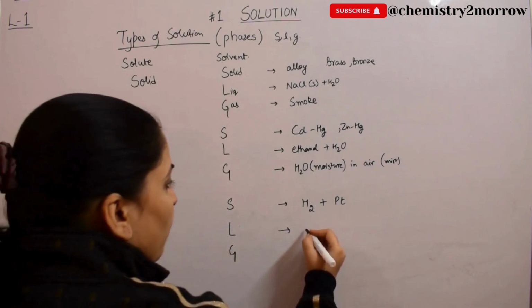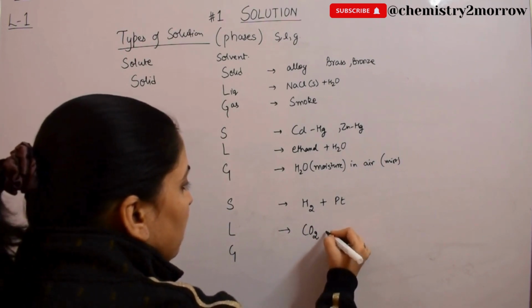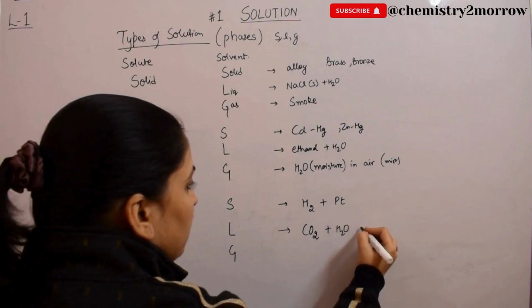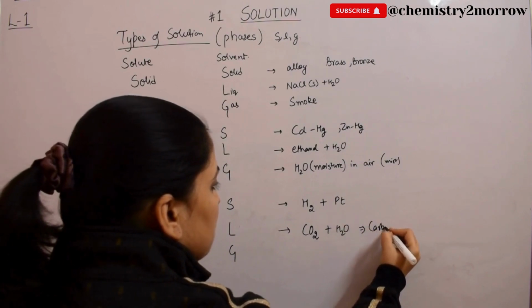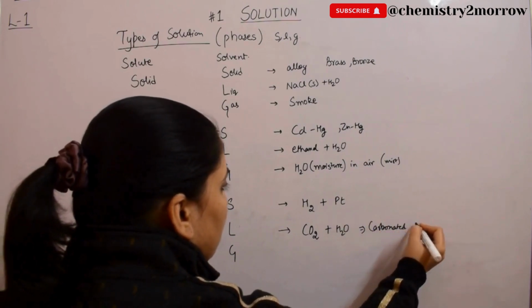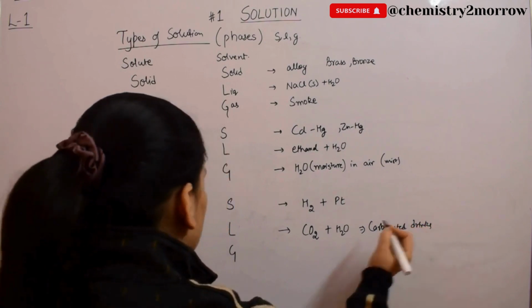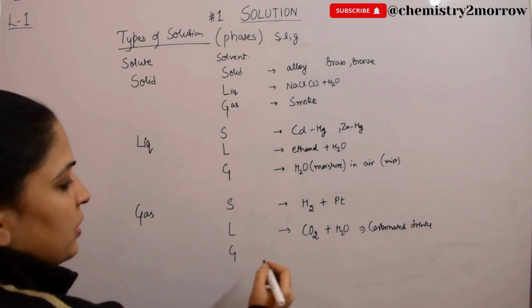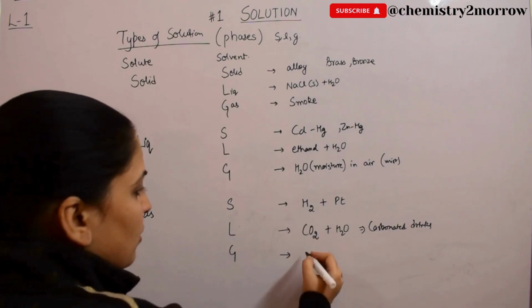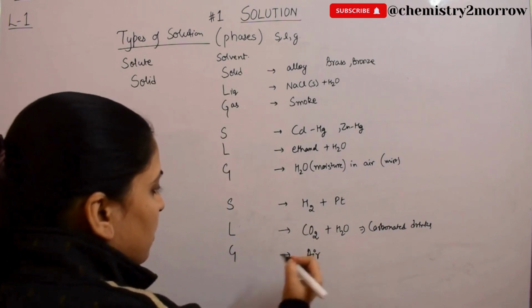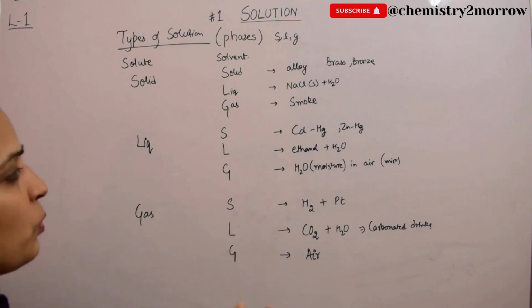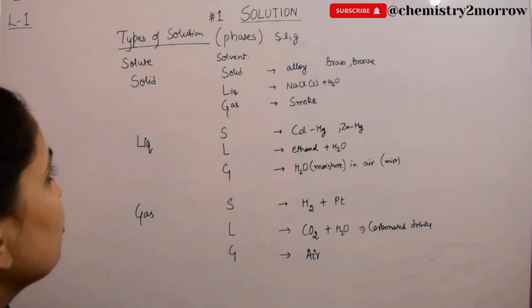This you know, whenever CO2 is dissolved in water in carbonated drinks. Gases present in gases: this is also all around us, which is air. So these are the possible examples or possible combinations of solute and solvent.